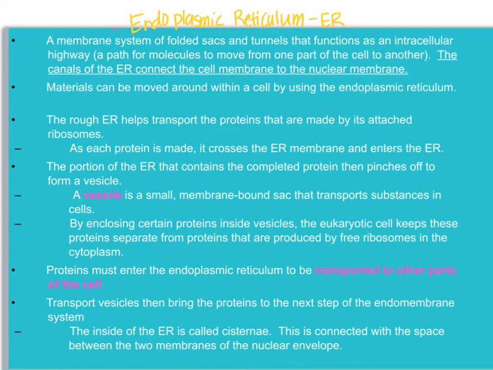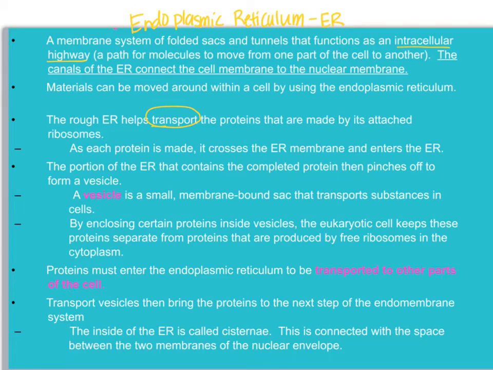It is a set of membranes, and it looks like a bunch of folded sacs or tunnels, and it's compared to a highway. So it's called the intracellular, or inside the cell, highway. This is a path for things to be transported within the cell. So this is a transport mechanism. That would be a very key word for the endoplasmic reticulum: transport, or a synonym for transport.